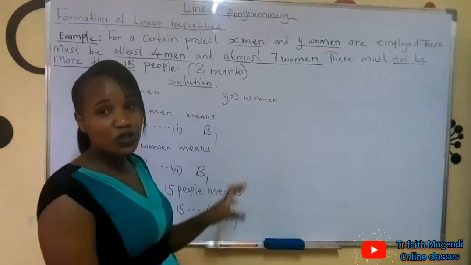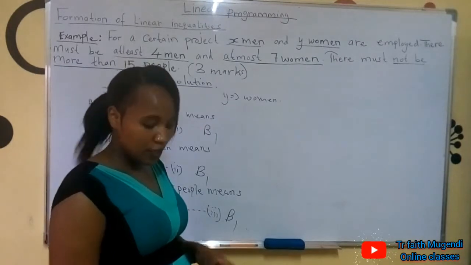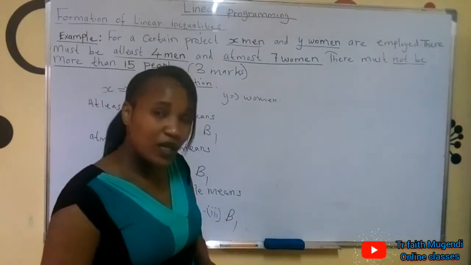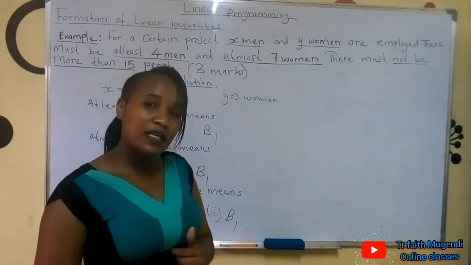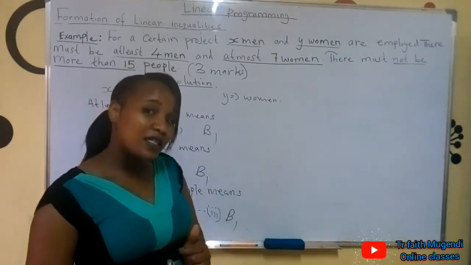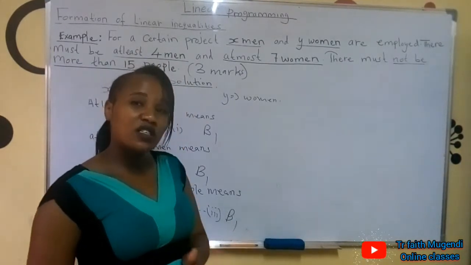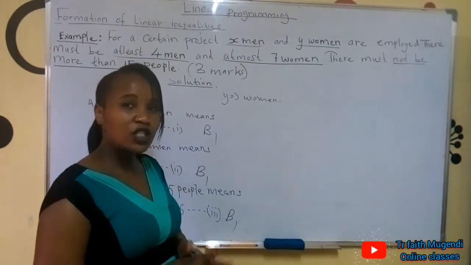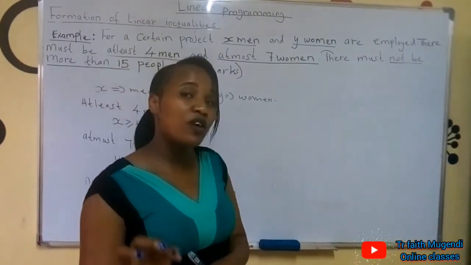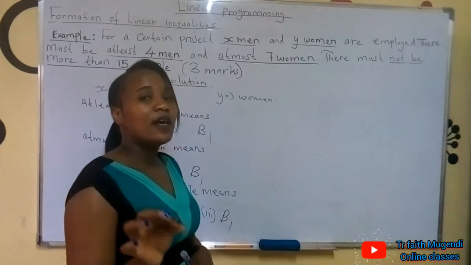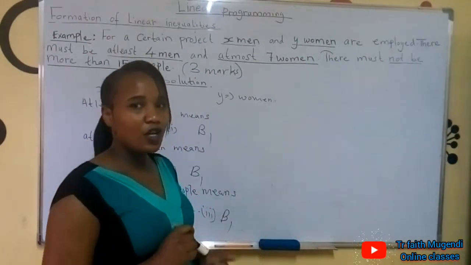Remember, most of these questions are always in section B, because in Form 2 we learned about graphical representation of linear inequalities, analytical solutions of linear inequalities, representation of linear inequalities on the number line, and even finding the integral values of the region defined by a number of linear inequalities.